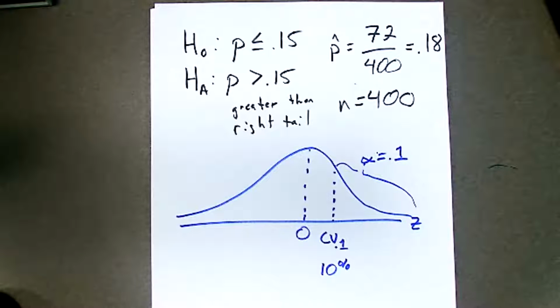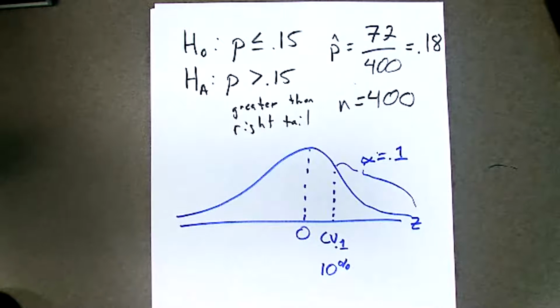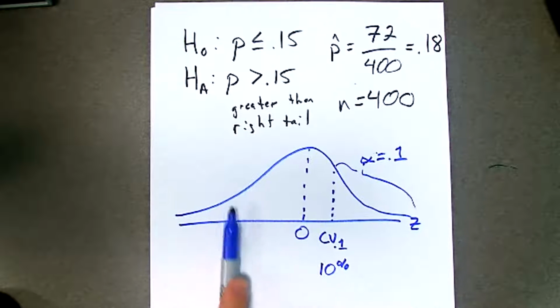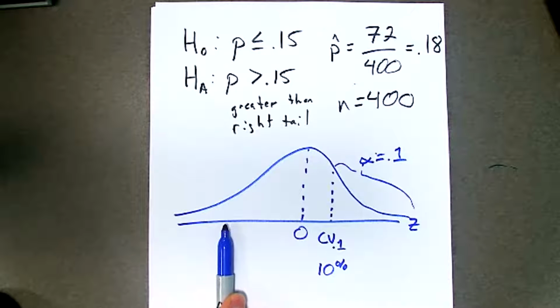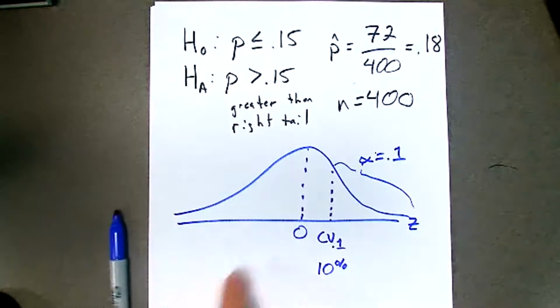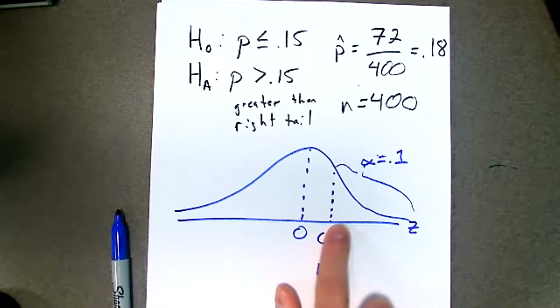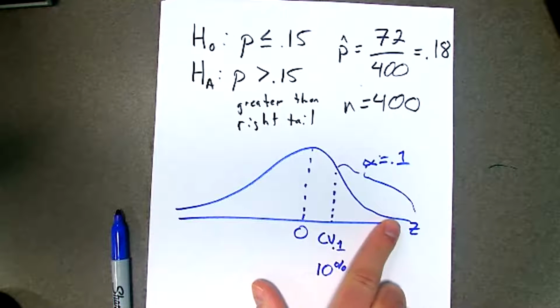If I simply look up alpha, remember, the table always looks at the area in the left tail. So if I just look up alpha, it's going to give me a z value over here on the left side, which will be negative. However, since this is a symmetric distribution, whatever value would give me 0.1 in the left tail, that same value but positive would give me 0.1, or alpha, in the right tail.